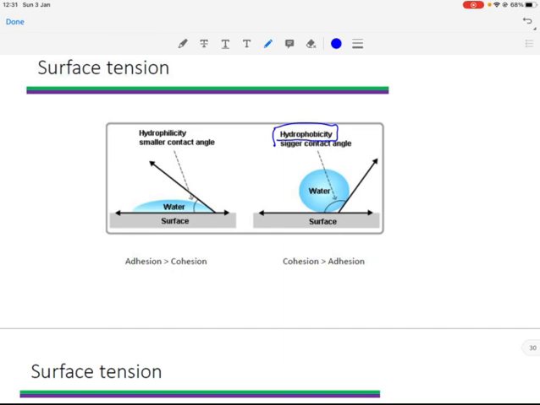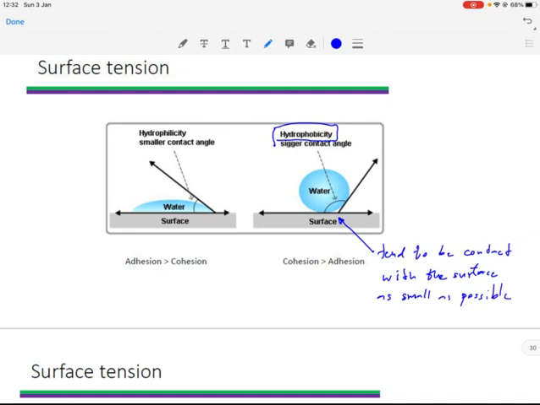So the water tends to be in contact with the surface as little as possible, right?